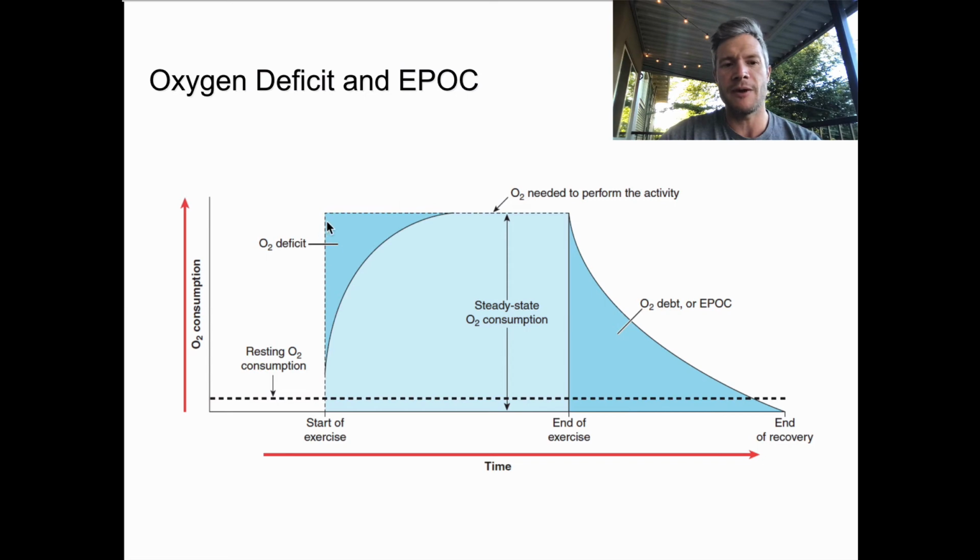So again, this amount here. So normally if we started exercising and we got all of our ATP through our aerobic system, boom, we'd be right up at that corner and we just stay at steady state. But this lag, or this deficit that occurs because our anaerobic system is trying to help us get up to our steady state with aerobic activity, we have to pay back that debt of that O2 deficit that we generated.